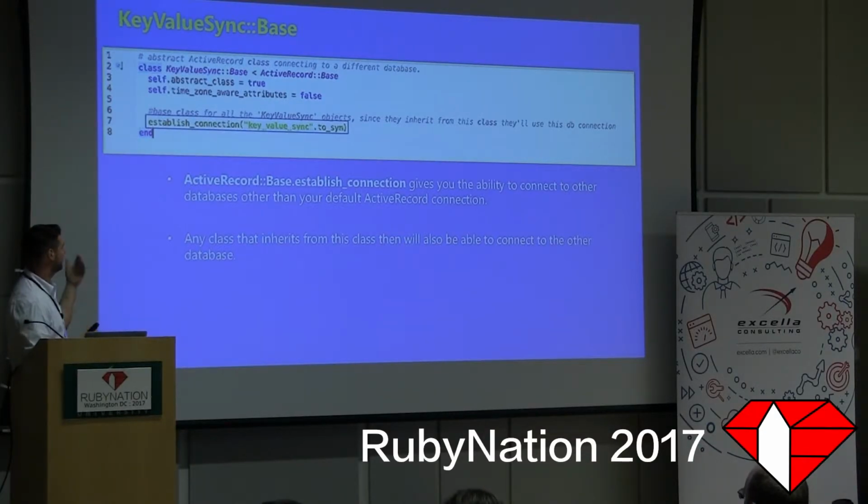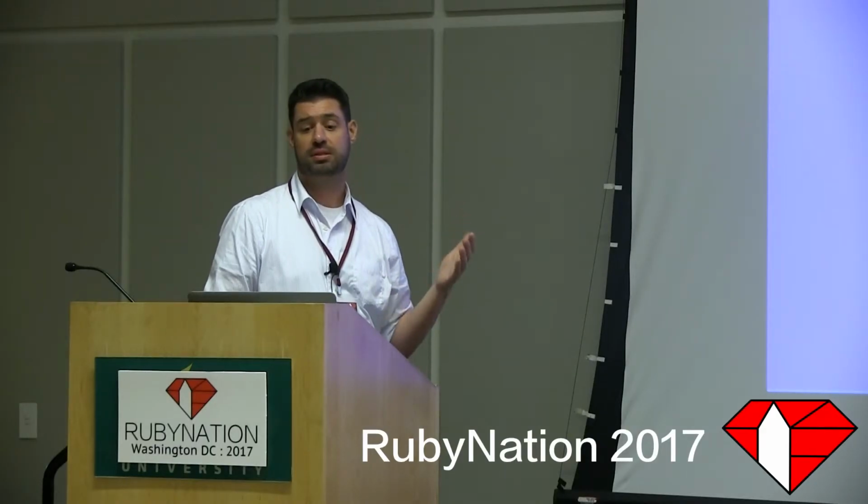All it really does is say, connect me to this other data source. So any other class that inherits from this will be able to connect to that other data source too. So we can create new models, and all of those can talk to any other database that's not our current primary Rails database.